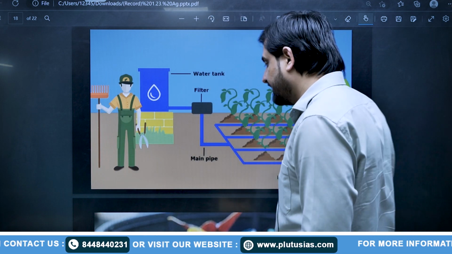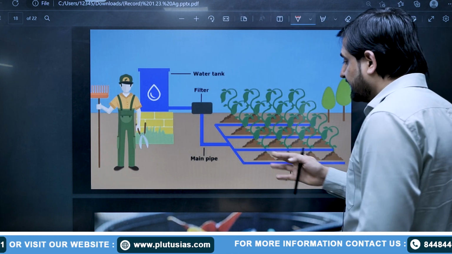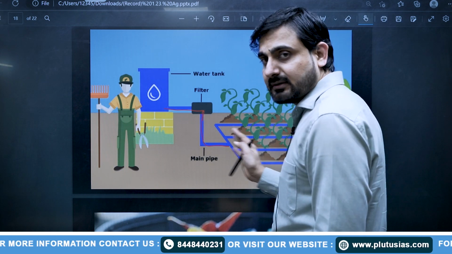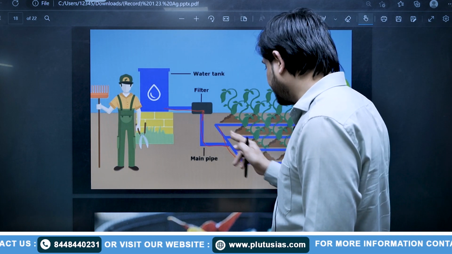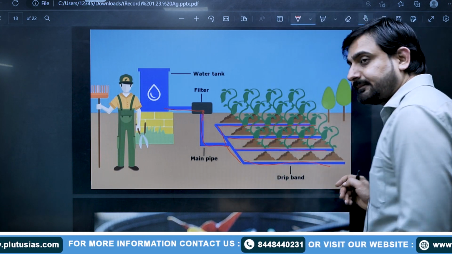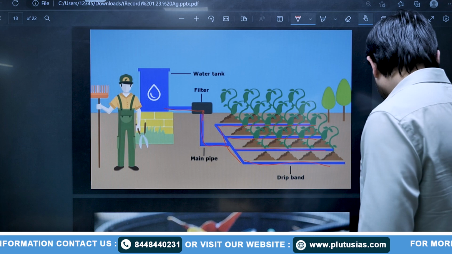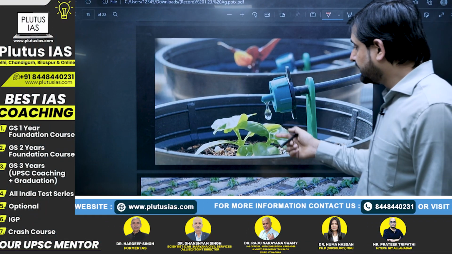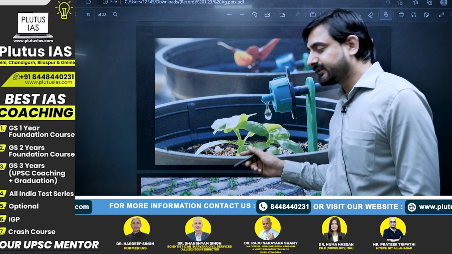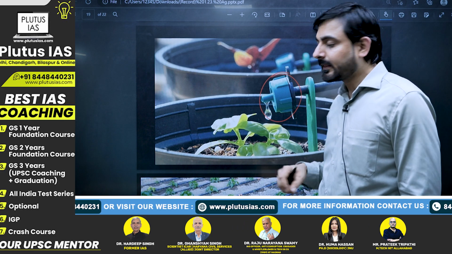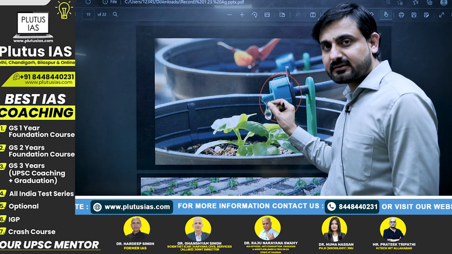Then he developed it, initially connecting a tank with main water pipes. There are certain outlets, and each outlet is connected around the root of the plants with a nozzle. Now here water can be irrigated.